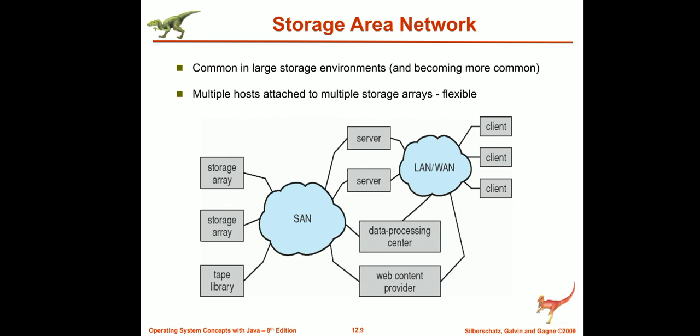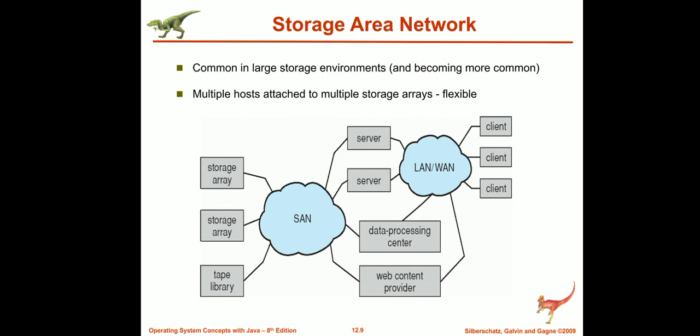What is storage area network? It is a private network which connects servers and storage units, as shown in the figure. You can see that we have a SAN network to connect storage arrays and the servers.